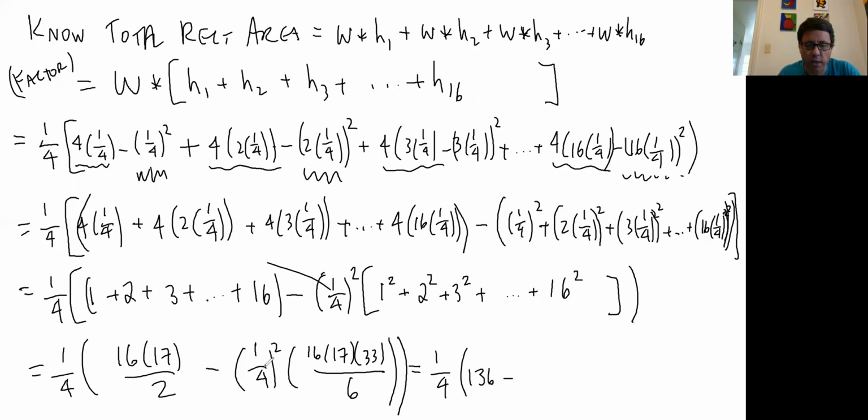Maybe we can work this out. A quarter squared, so it's a quarter times a quarter, that'll be 1/16. And then I'm going to put in what this fraction is here. So 16 times 17 times 33, and then divide by 6.